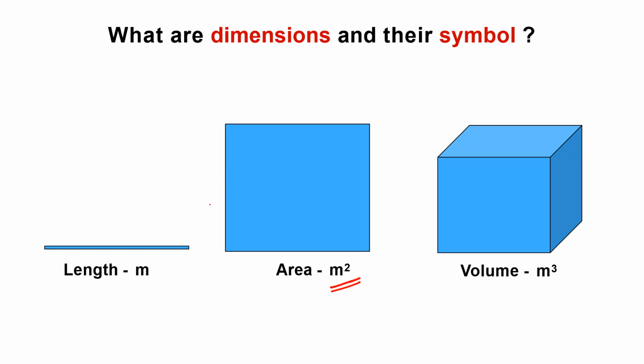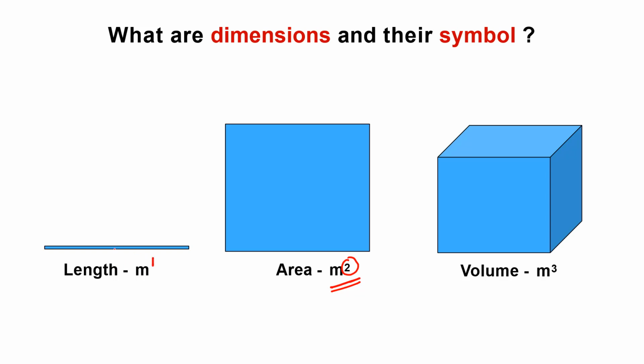Suppose it was a rectangle, then I will write down the area as length into breadth, that much meter square. So whatever exponent you write represents the dimension of that particular quantity. In the first example, the length was measured in meter, so it had an exponent of 1.